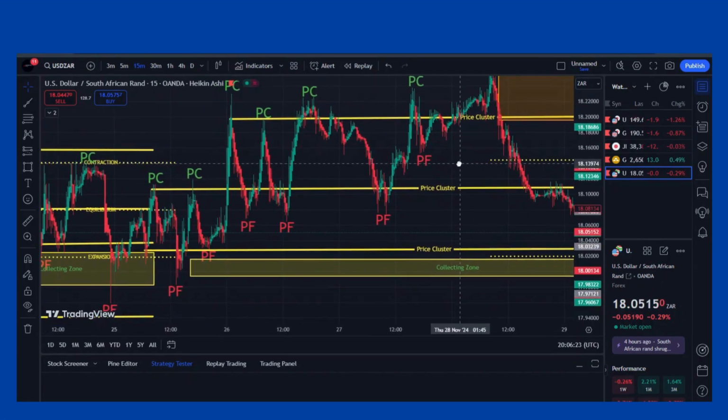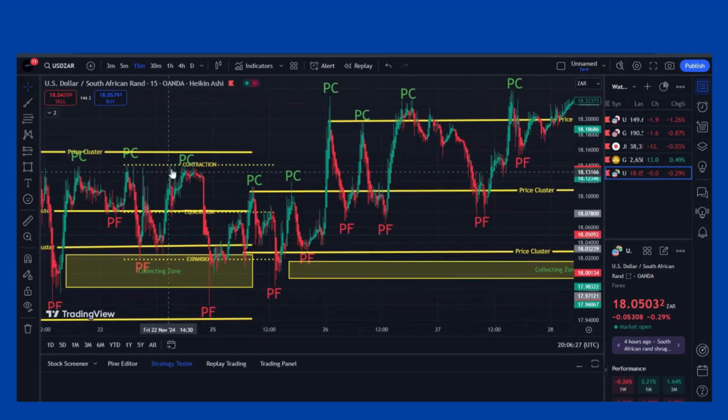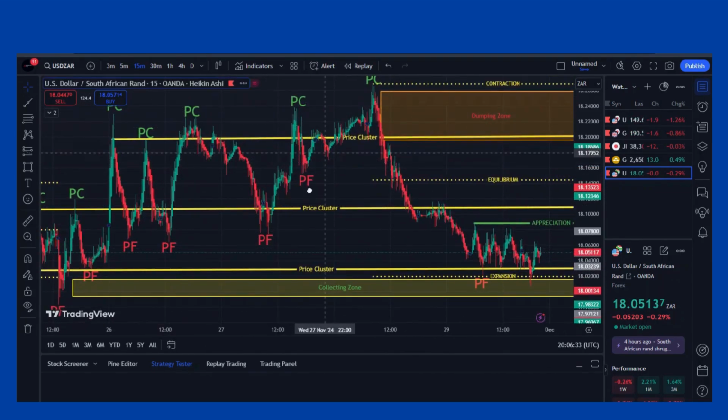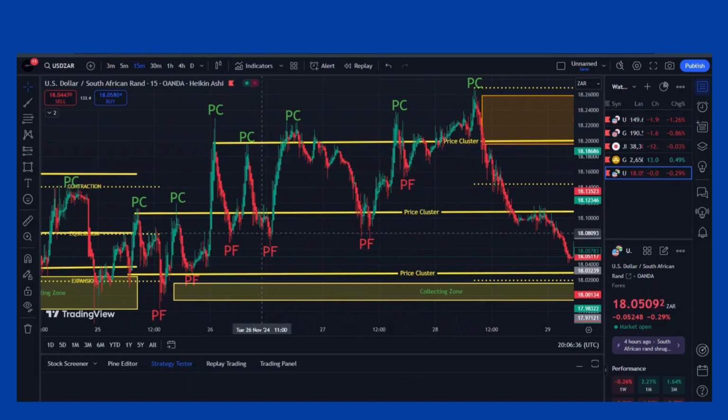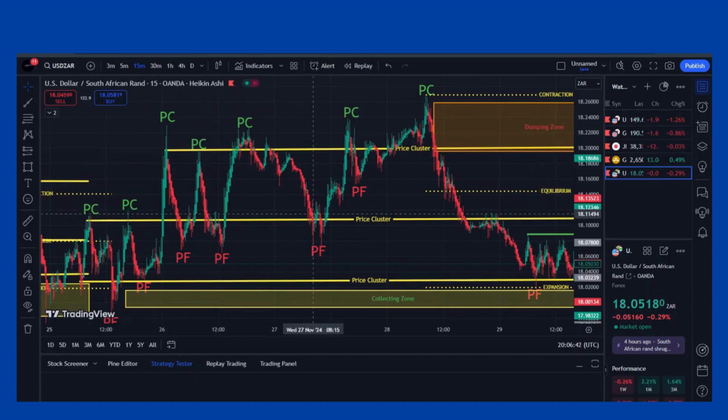Then technical analysis, which is 20%, is divided into three. One is chart patterns. Each and every pair and each and every index has a distinct pattern that it forms each and every day. So I look for those patterns to be formed.